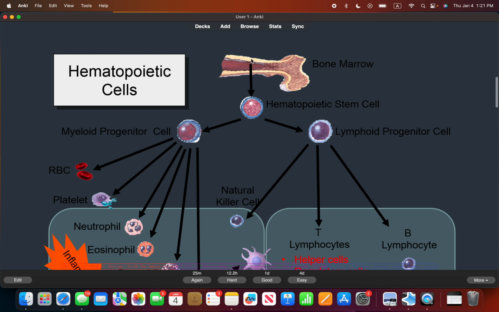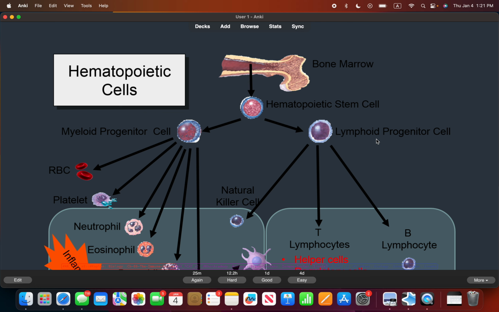We have the hematopoietic cells, which are in the bone marrow, and these stem cells give life to the myeloid progenitor cells or the lymphoid progenitor cells.